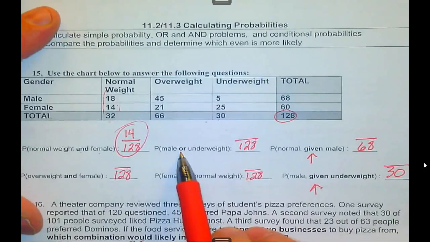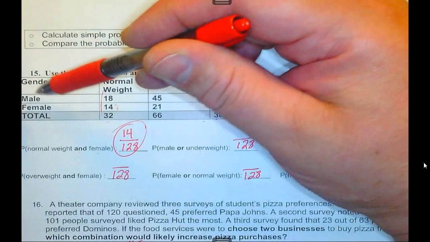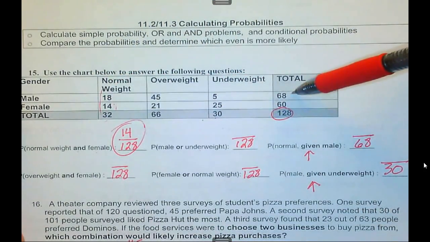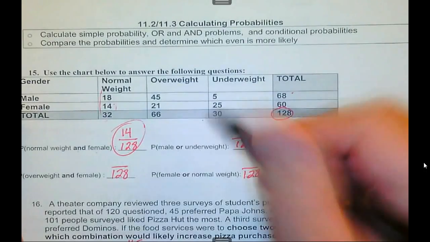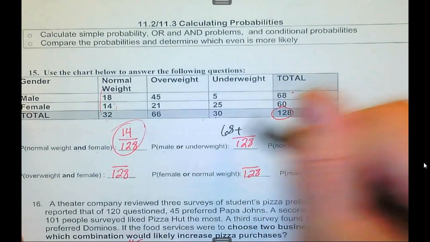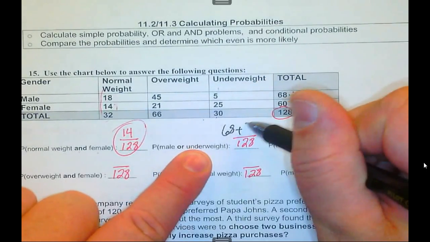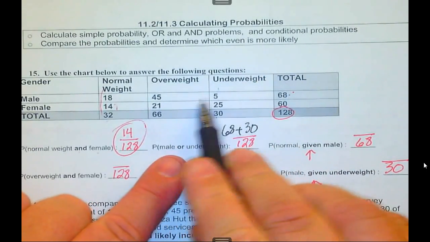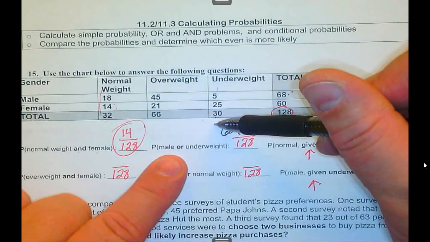How about male or underweight? Okay, that's a union. So male, 68, right? 68 plus underweight, 30. But what happened here? Didn't we count that 5 twice?